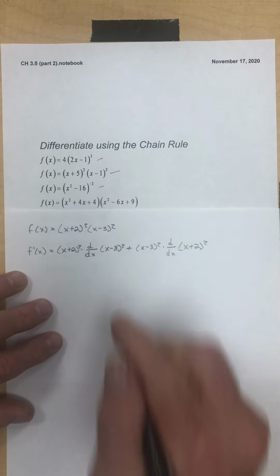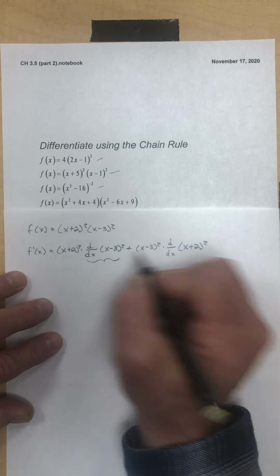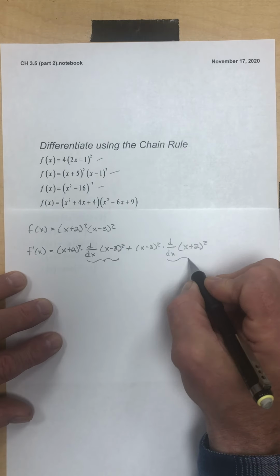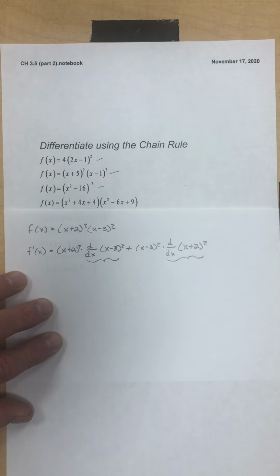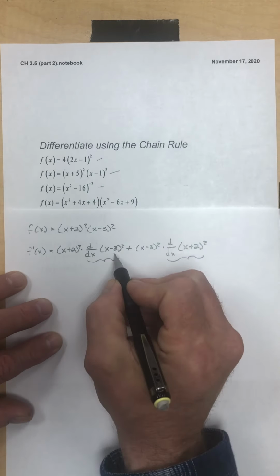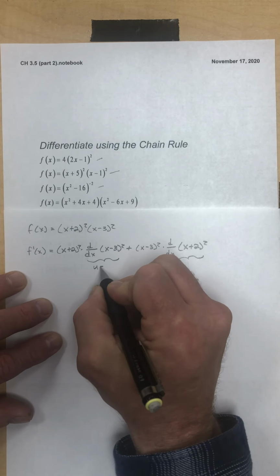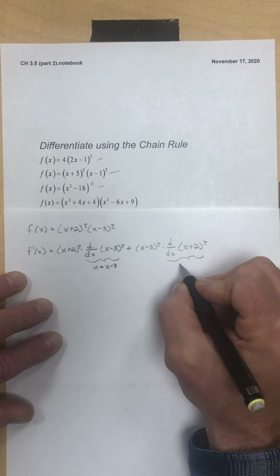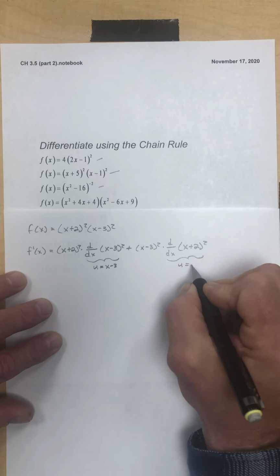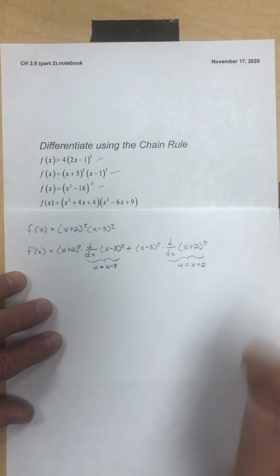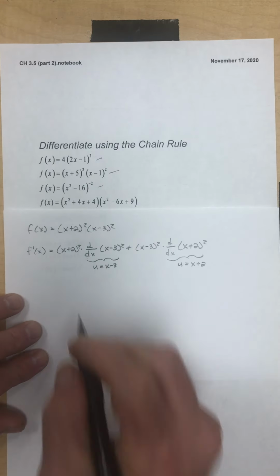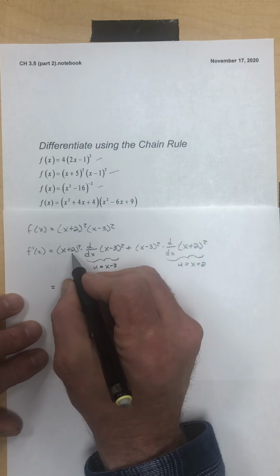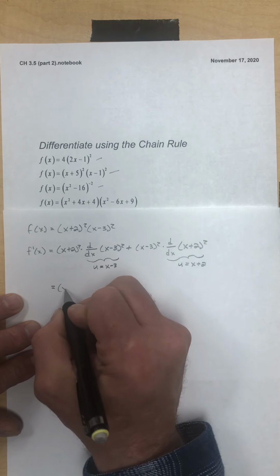And then right here, I have to use the chain rule, and right here I have to use the chain rule. When I'm using the chain rule here, my u is x minus 3. And here the chain rule, my u would be x plus 2. So let's see what we got going on. I bring this x plus 2 squared down.